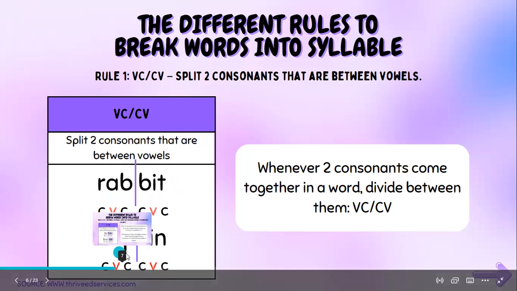Another example is napkin. There's an A, which is a vowel, on one side of the PK, and on the other side there's an I. Because there are two consonants, P and K, between the A and the I, we split the word between the P and the K.